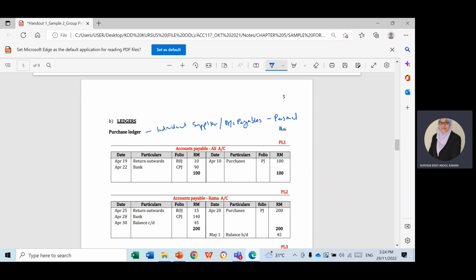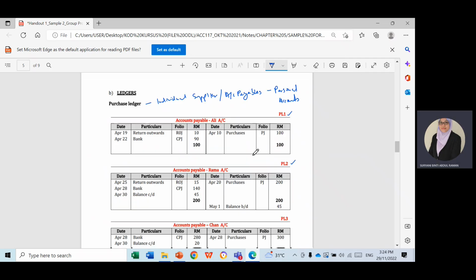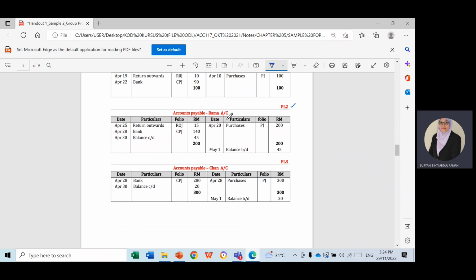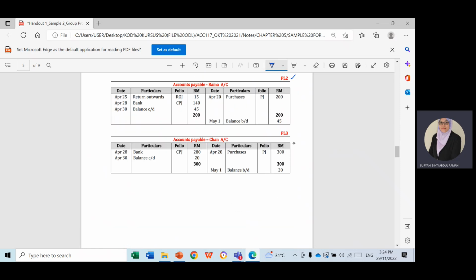These are the personal accounts. So you have PL1 for Ali, PL2 for Rama, and PL3 for Chan.